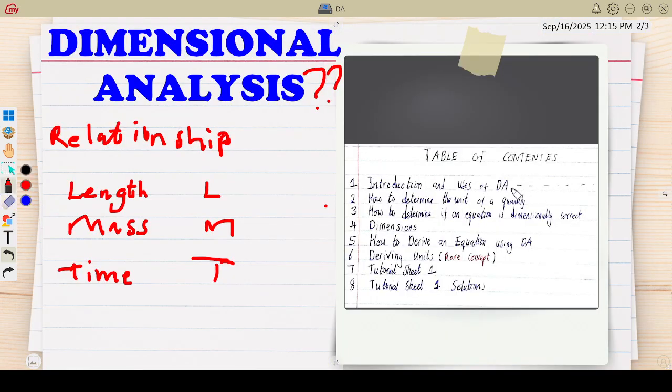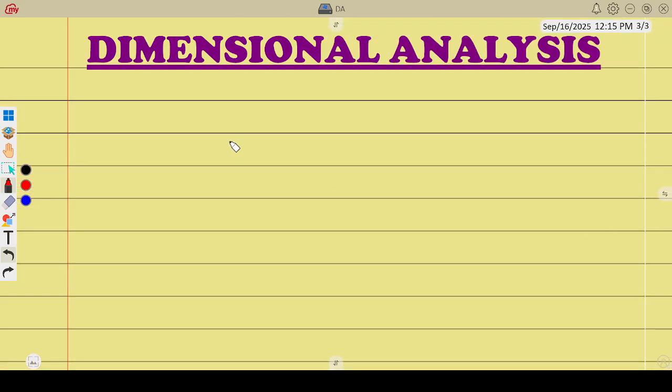So now we have introduced the uses of dimensional analysis, how to determine. Okay, we're done with that. So how can we determine that an equation is dimensionally correct? Okay. So for us to determine whether an equation is dimensionally correct, we just consider, for example, let's say force is equal to mass times acceleration.